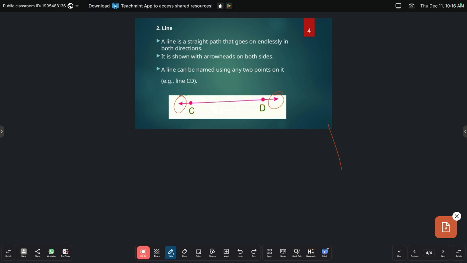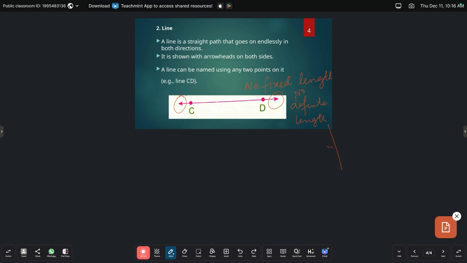As it can be extended in both the directions, can we say that this line has no fixed length, no definite length?